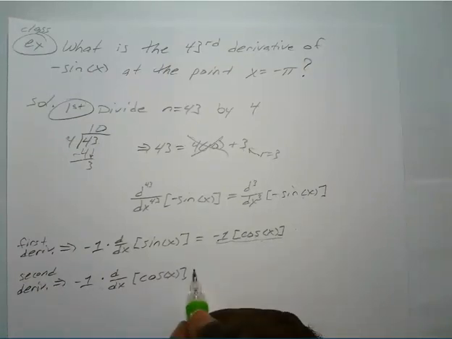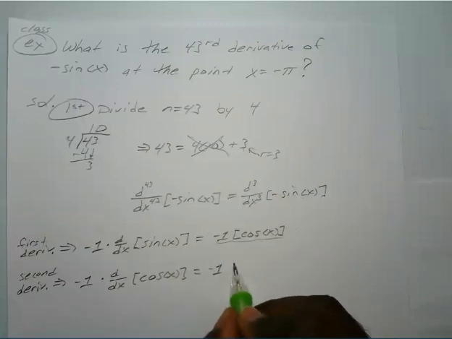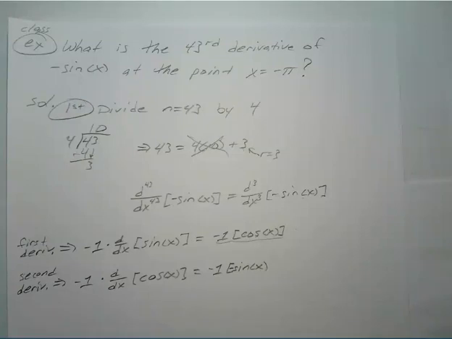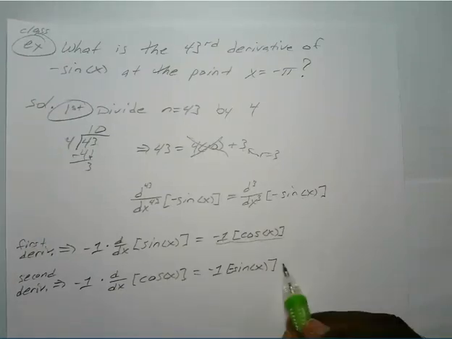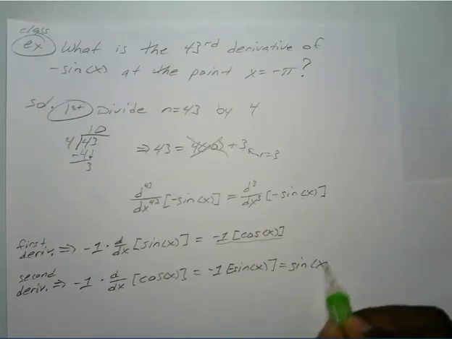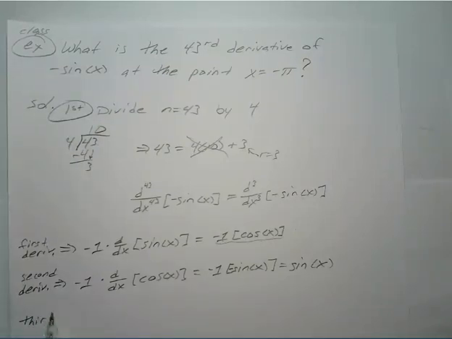So that's going to equal, derivative of cosine is negative sine, so you have negative 1 times negative sine of x, which is sine of x. Okay, so we have our third derivative.